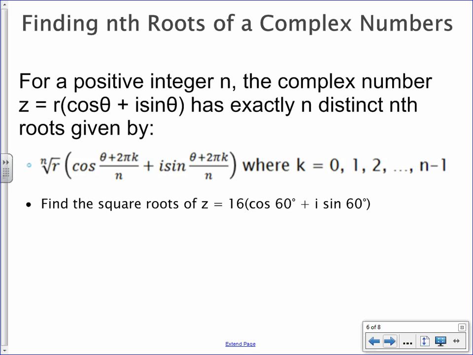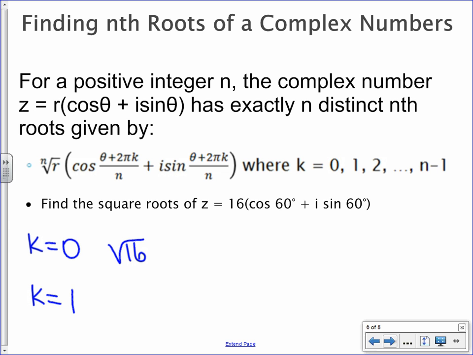We are going to start with k equals 0, and then we will end with k equals 1, and that will find us our 2 numbers. So let's start with k equals 0. The first thing we need is the nth root of r. If we're finding square roots, then we're going to take the square root of r.